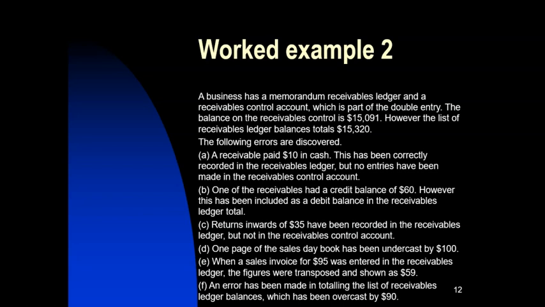However, the list of receivables ledger balances totals 15,300. The following errors are discovered. A receivable paid $10 in cash. This has been correctly recorded in the receivables ledger, but no entries have been made in the receivables control account. So you can see that this affects the GL.